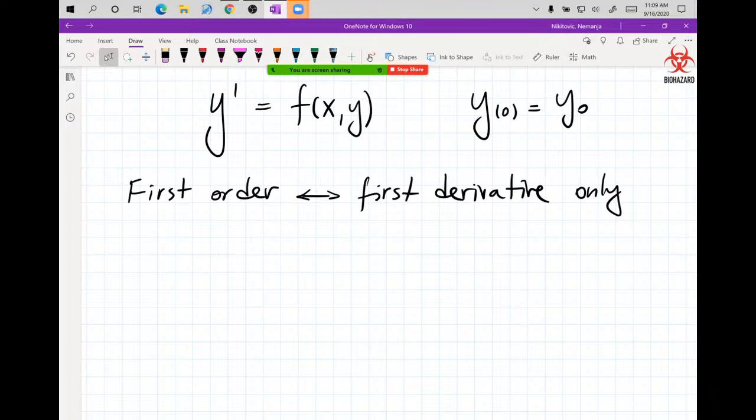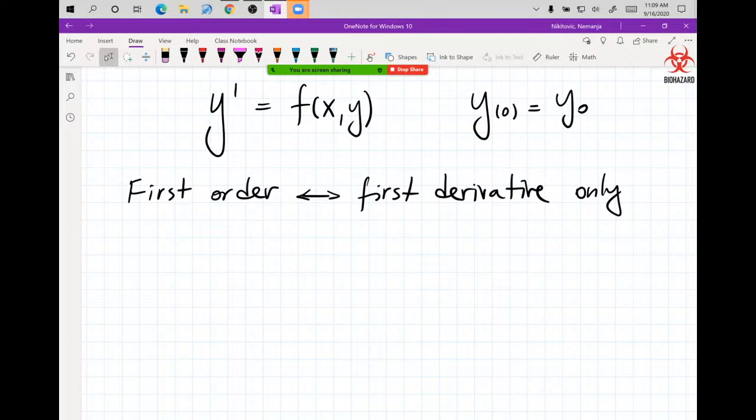and what we are doing here is we are going to learn a method using the integrating factor to solve this equation.